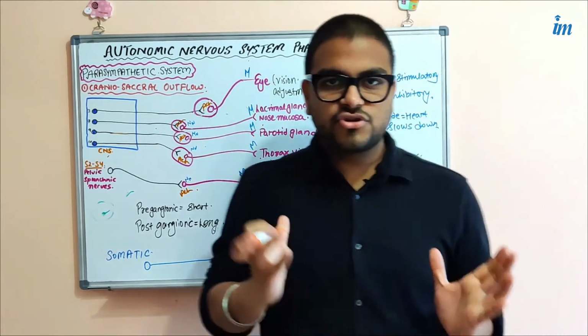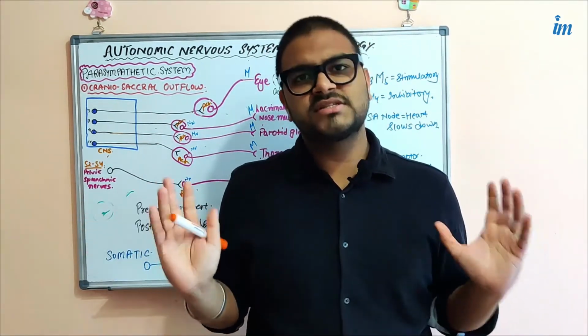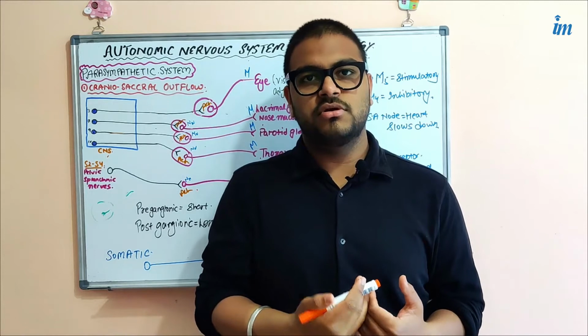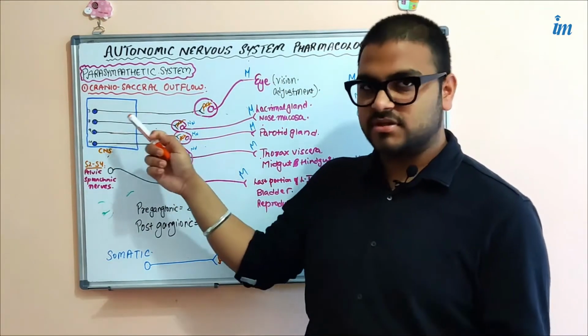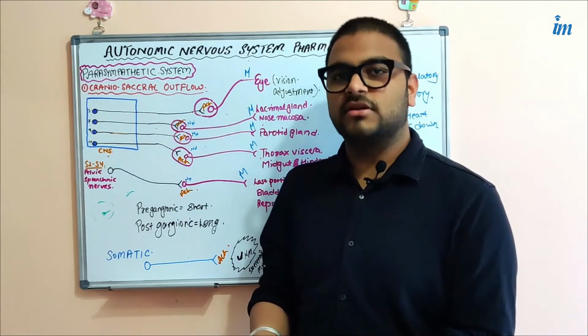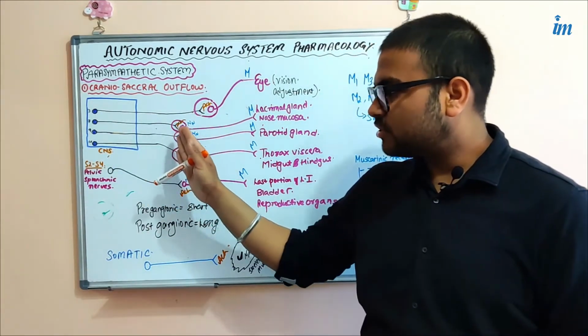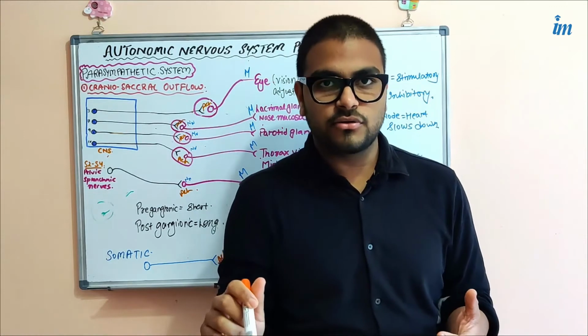The other fact you should remember is that all the neurons that are coming out from the central nervous system, like the parasympathetic neurons and even the sympathetic neurons, all the preganglionic neurons, they secrete acetylcholine.